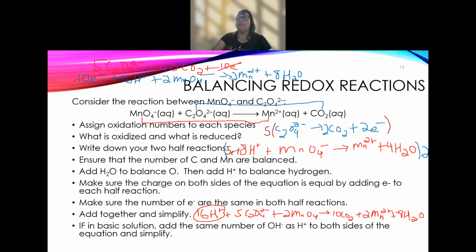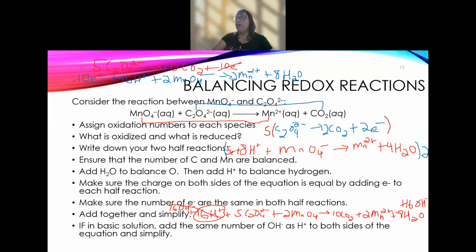If I am in a basic solution rather than an acidic one, this cannot be the balancing that I have. And the way that we deal with that is to write 16 OH minus plus that. And then on this side, we have to add the same numbers, 16 OH minus. Now that I've added both of those, these two add together and I get 16 waters.